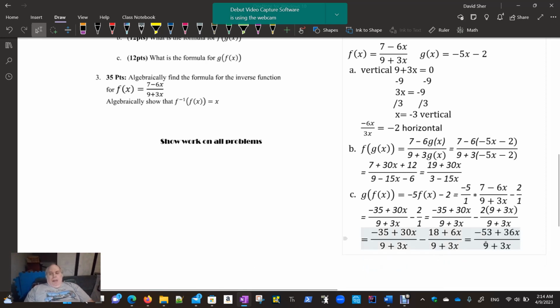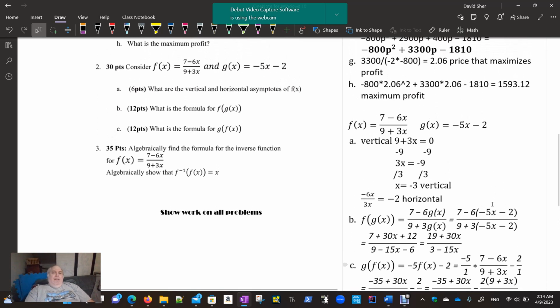So once again, the denominator is 3 times 3 plus x, but none of those go into the numerator. No 3, not 3 plus x, so this is done. And that is the answer to parts A, B, and C of question 2.